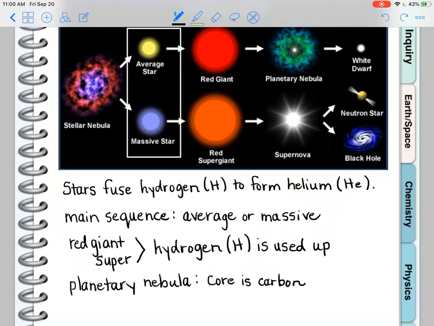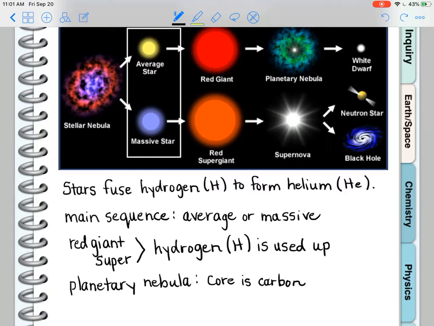Okay, eventually that planetary nebula will turn into a white dwarf, which is the last stage of this star's life. The star is dying, and it will eventually become a white dwarf, and that's the end of its life cycle.